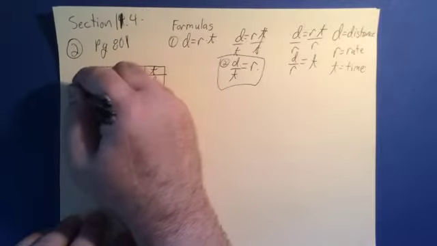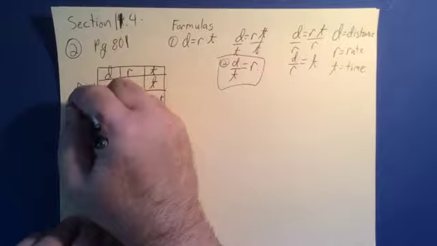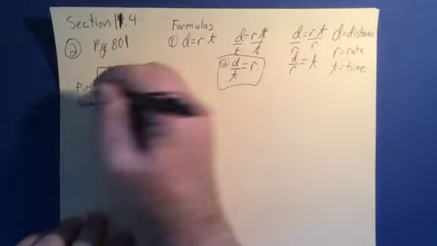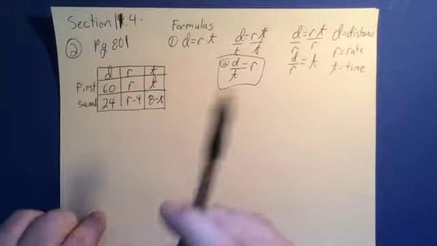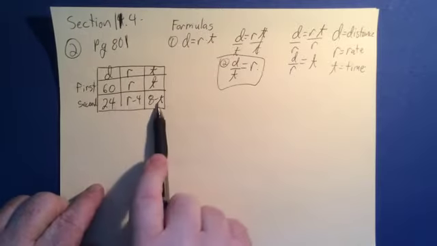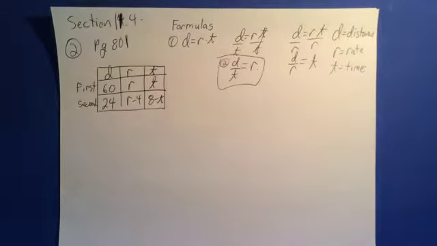So this is the first part of the trip, and this is going to be the second part of the trip. What we're going to do now is take the information that's in these charts for the first part of the trip and the second part of the trip, and try to solve this in terms of r.